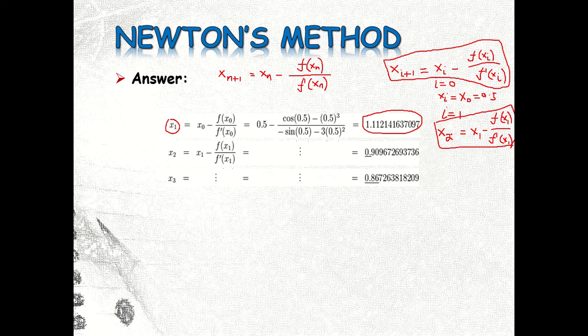So for x sub 3, what was x sub 1 is now x sub 2. This is x sub 2, this is also x sub 2, and this is also x sub 2. Then you substitute the values.